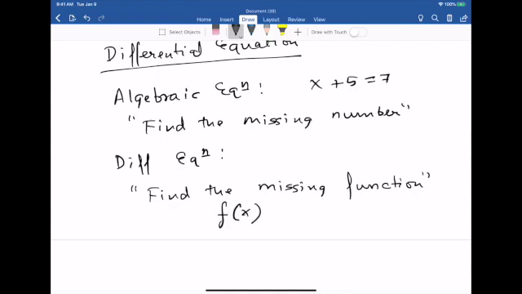Or you might have a function like this. In our case, we are looking for a function x, which is a function of time. And you have to find that function. You're given a clue which involves the function and its derivatives, and most likely the value of the function at a particular point. From there, you have to identify what the function is.